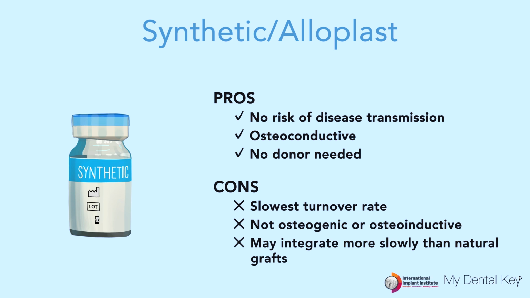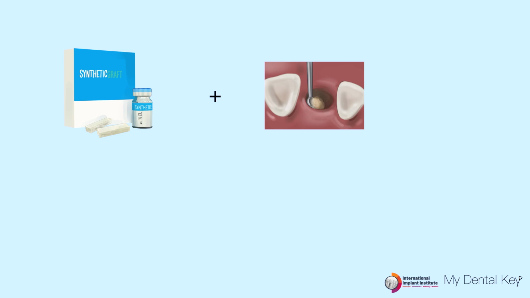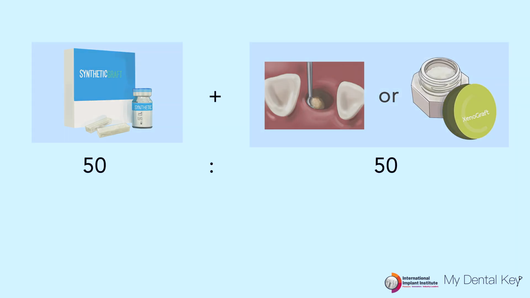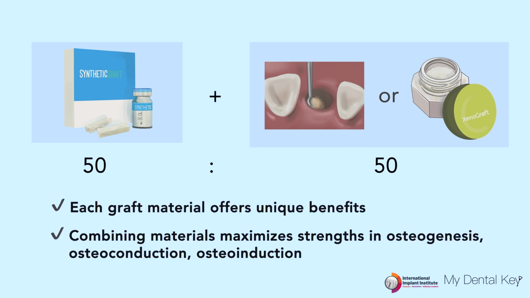However, they are not osteogenic or osteoinductive unless proteins are added. It's common to mix alloplast and autograft or xenograft in a 50-50 ratio to combine the strengths of each material. Each graft material offers unique benefits in osteogenesis, osteoconduction, and osteoinduction. By combining these materials and maximizing their strengths, the resulting graft offers the most beneficial outcome for the patient.